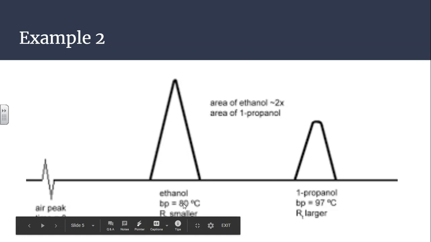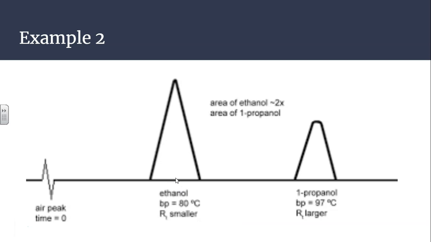And again, we look at the boiling points here to give you an idea of what's going to come out of the column first, which is going to race through the column more quickly, based on boiling point. In terms of polarity, these 2 are probably similar in polarity, but you can see that ethanol is also maybe a smaller compound by molar mass.